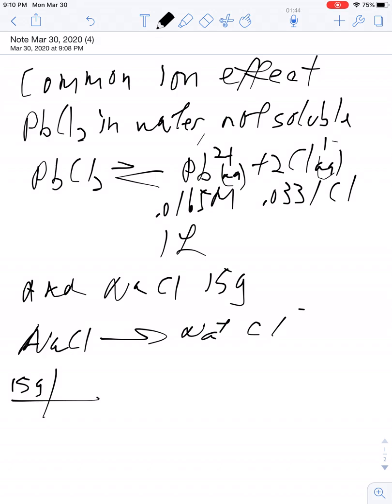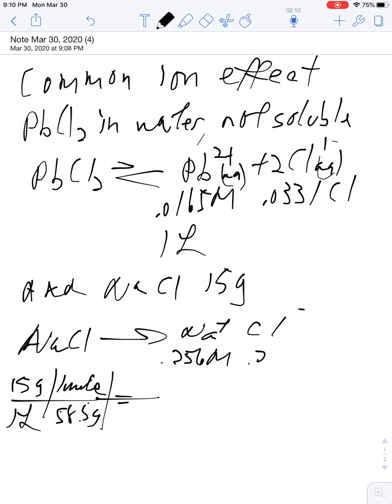Sodium weighs 23 plus chlorine. And I'm in 1 liter of solution, so my molarity is 0.256 molar of the sodium and 0.256 molar of the chloride, okay?